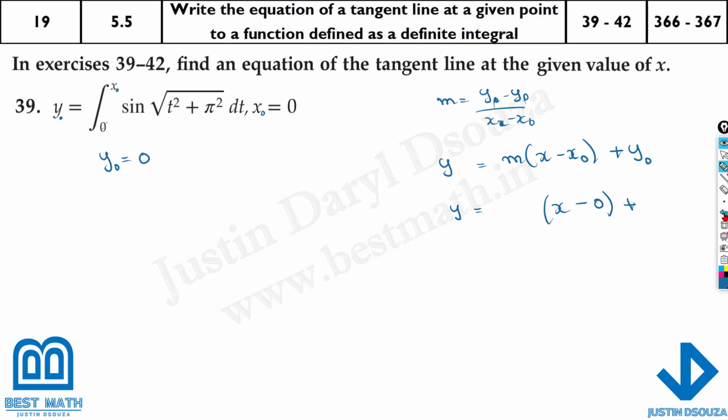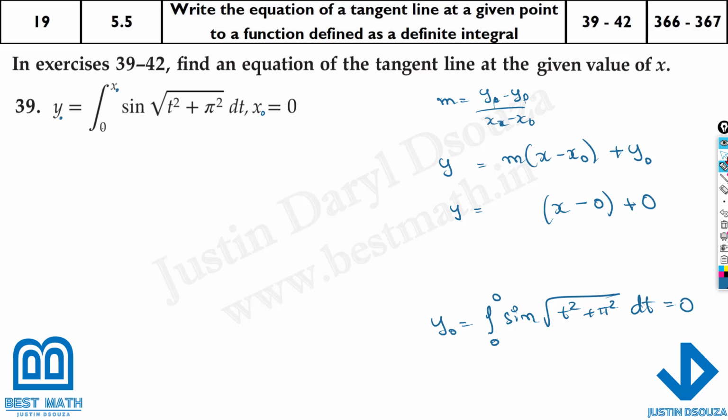Or, since it's a writing exam, I'll write at the side, because under this I will write the derivation. Here y naught equals the integral from 0 to 0 of sine of the square root of t squared plus pi squared dt. Over here we know it's 0 and 0, so this is equal to 0. So now I write the 0.